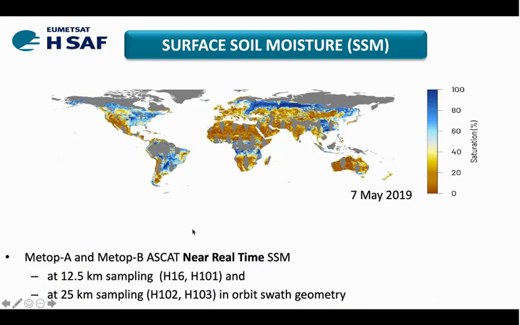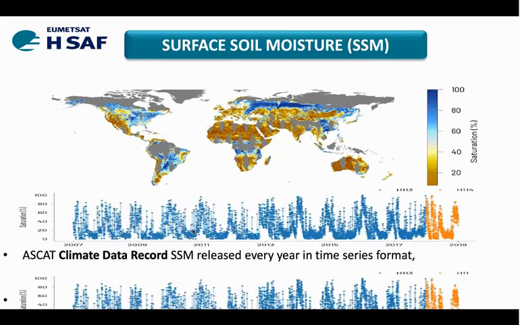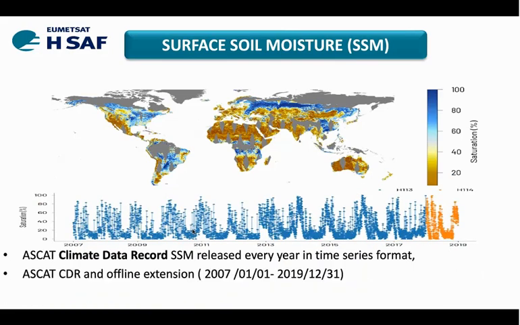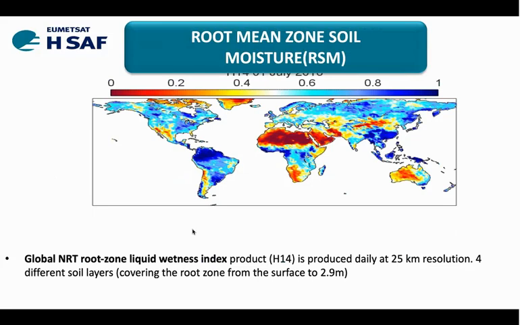So we provide the surface soil moisture saturation for the first centimeters. It is available with two different resolutions, 12 kilometer sampling and 25 kilometer sampling, in near real time. And this is also available as a climate data record from 2007, pixel by pixel, of course.